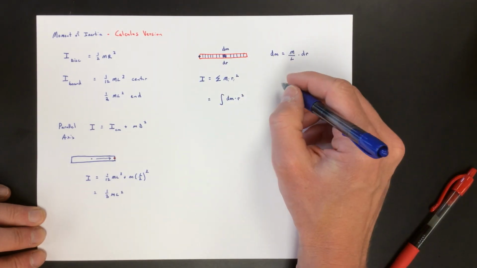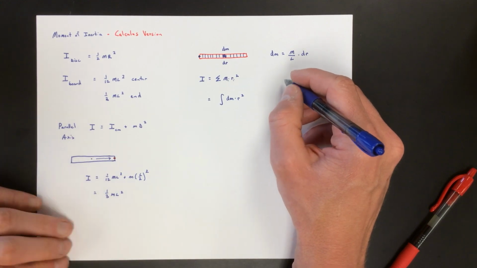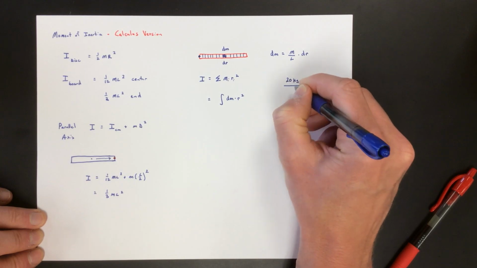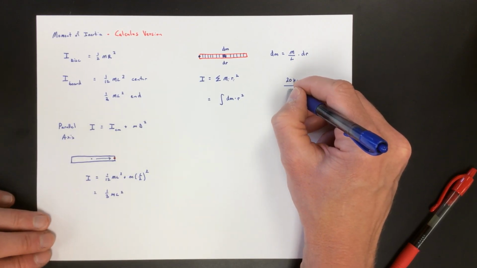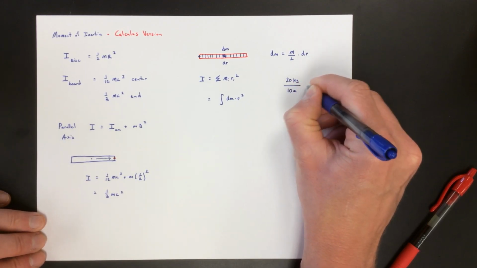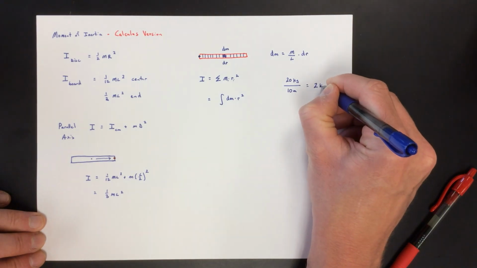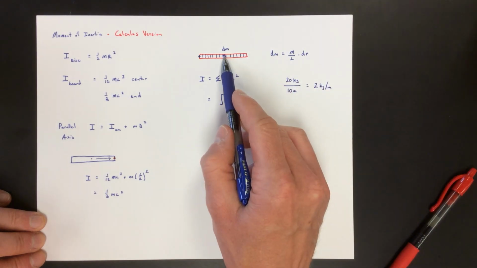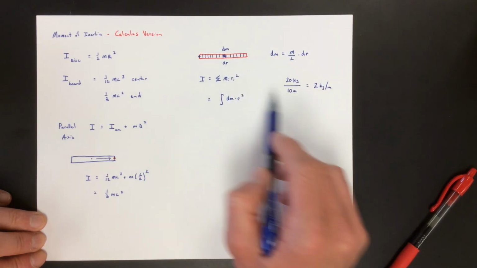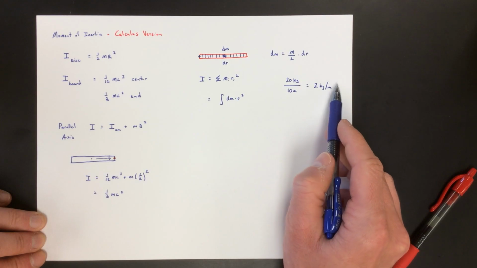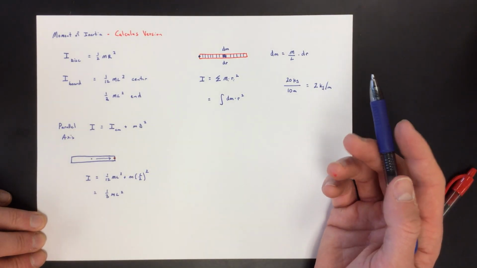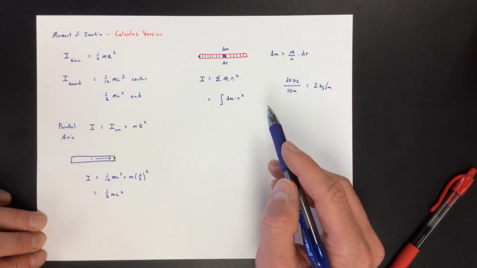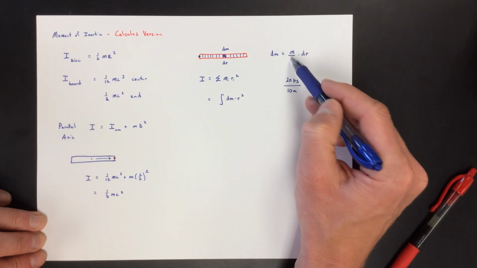For instance, if the total board had a mass of 20 kilograms and was 10 meters long, then the density was 2 kilograms per meter. If you divided it into 1 meter segments, then 2 kilograms per meter times 1 meter gives 2 kilograms in each of your 10 segments. Hopefully this idea makes sense.